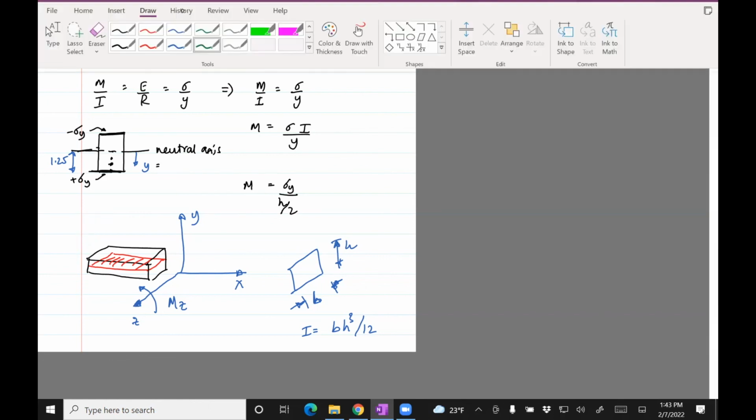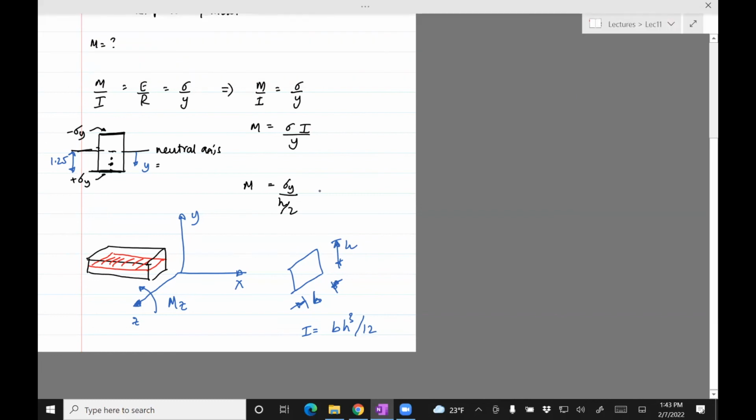So here we can write BH cube divided by 12. So 36 times 2.5 divided by 2.